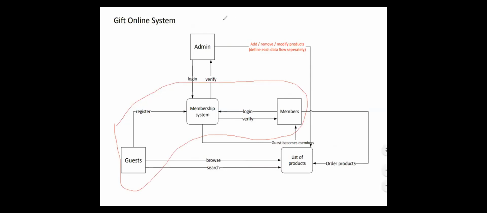This part is where the admin is providing any details. So admin is being logged into the system and also adding the products. So that's going to be another part.